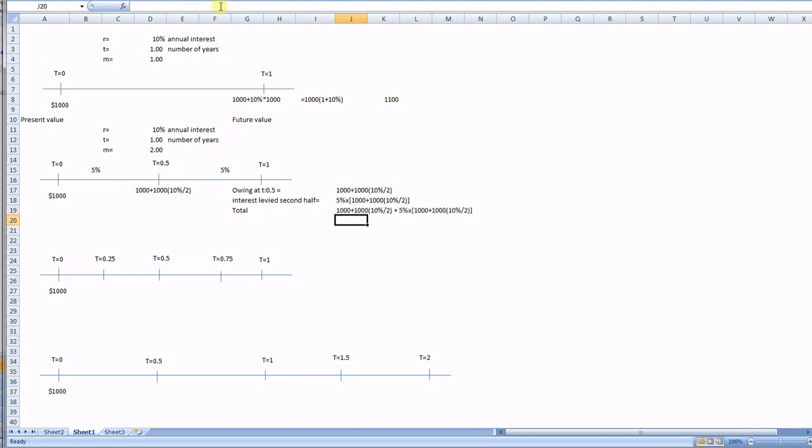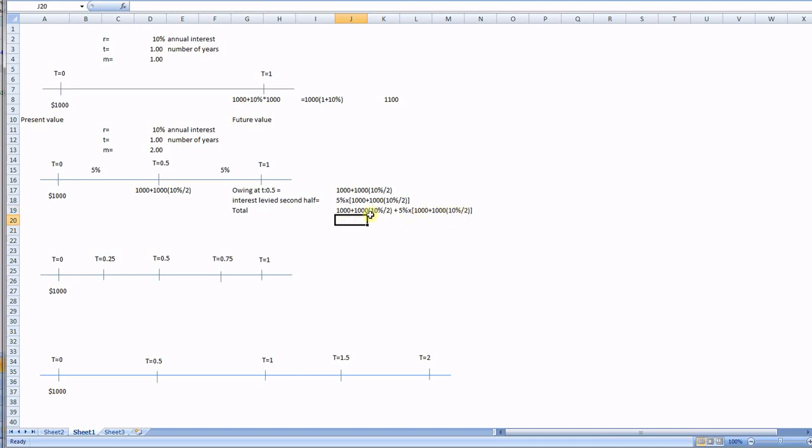Okay, so just a bit of algebra here, and we can see clearly that this expression here, 1000 plus 1000 into 5% is the same as 1000 plus 1000 into 5% inside here.